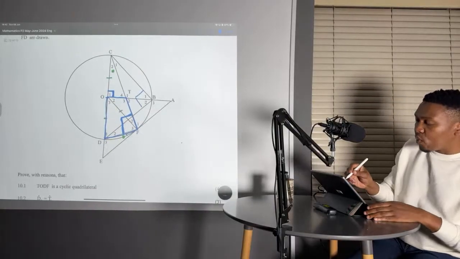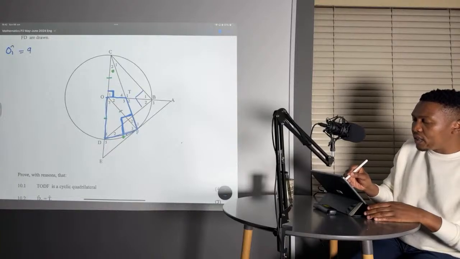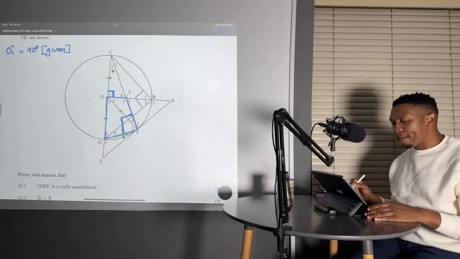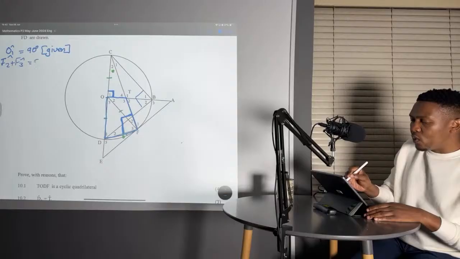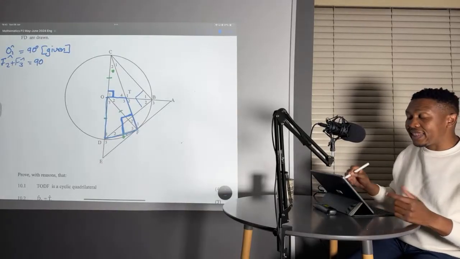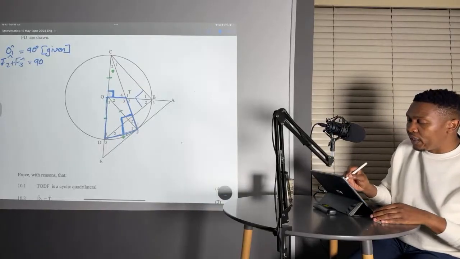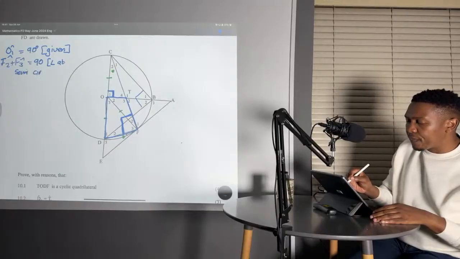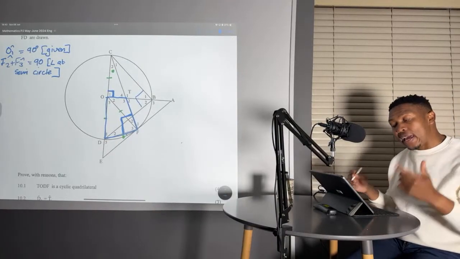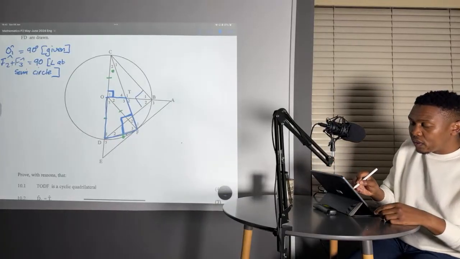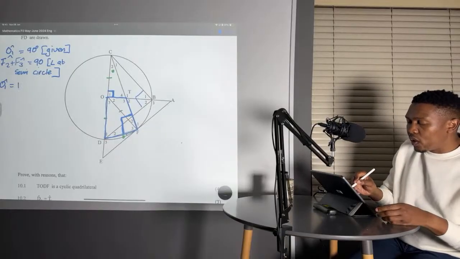So I will say, O1 is equal to 90 degrees. That's given. Angle F2 plus F3 is equal to 90 degrees. That's angle at semicircle. So in that case, what does that mean? O1 is therefore equal to F2 plus F3.